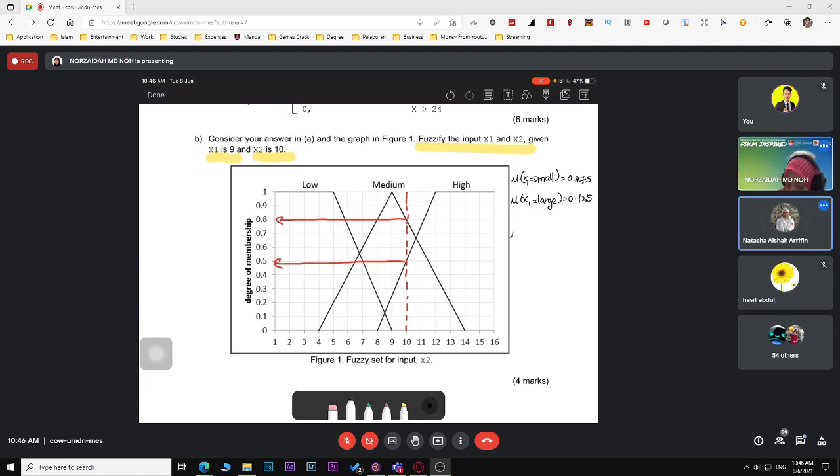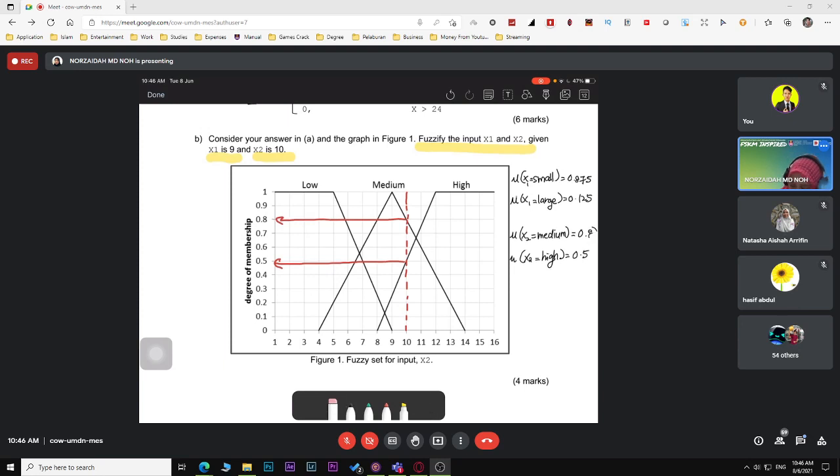Clear, madam. Here X2 is medium 0.8. Mu X2 is high is 0.5.